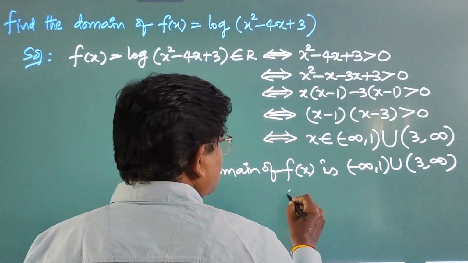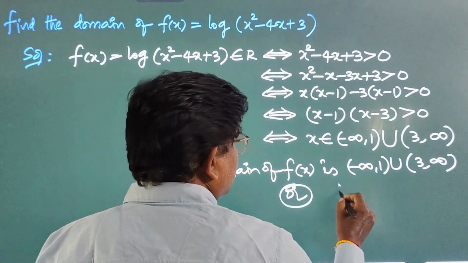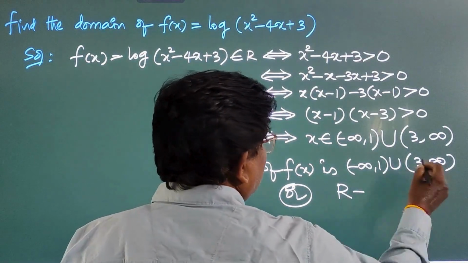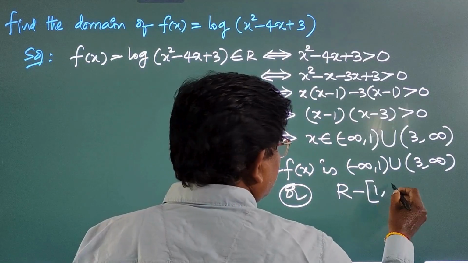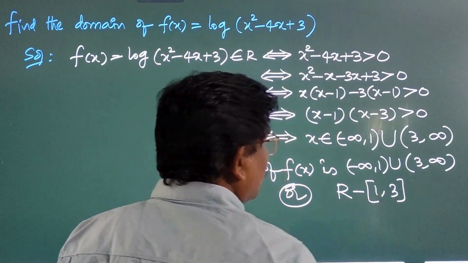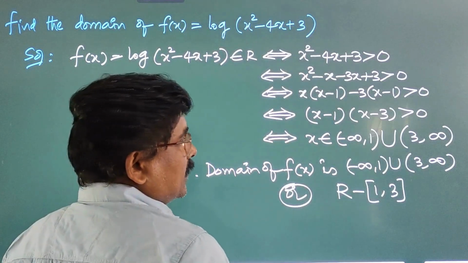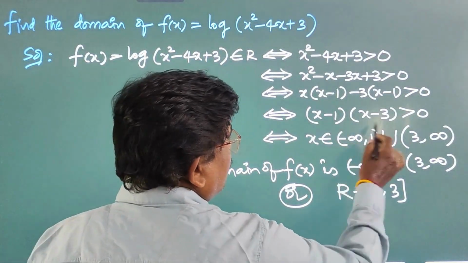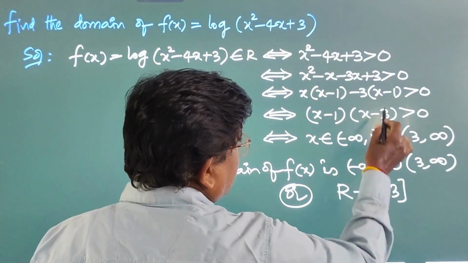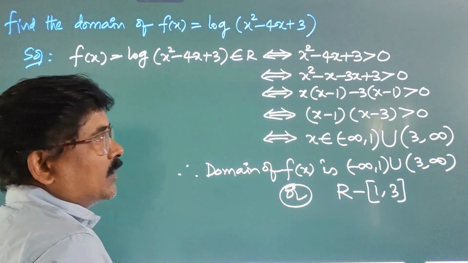Or this can be expressed in another form also, in real numbers, deleting the interval 1 comma 3. In second year you learn this directly, you can write it in this form.